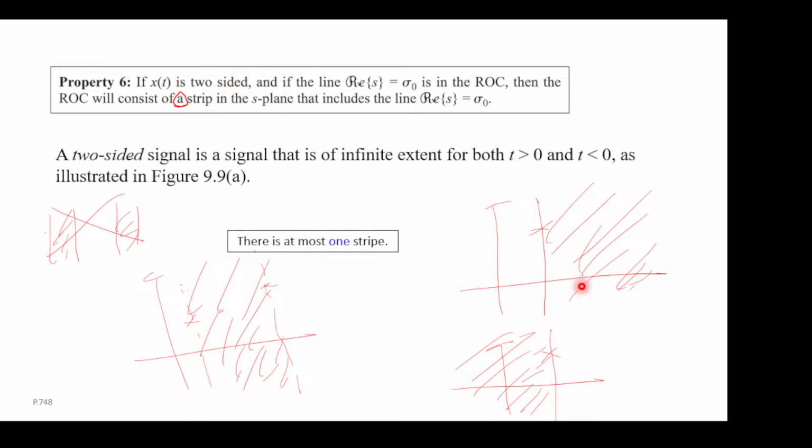As we said, this ROC really corresponds to a right-sided function, and this really corresponds to a left-sided function. So there are some weird things, but anyway, what we are ruling out is that you cannot have two separate strips for your ROC.